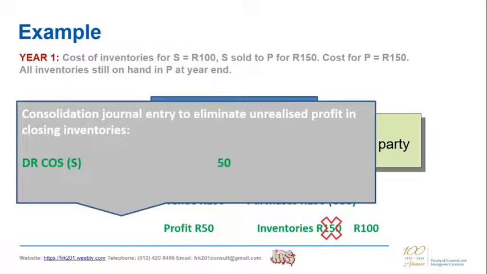Remember, I'm using the cost of sales line item to achieve the reduction in gross profit. It is the cost of sales of ACE that I debit with 50 Rand. Now I no longer have that gross profit in the group, and I credit the inventories of P with 50. After I've written this consolidation journal entry, I no longer have that profit in the group numbers, and the inventories in the group will be measured at 100 Rand.